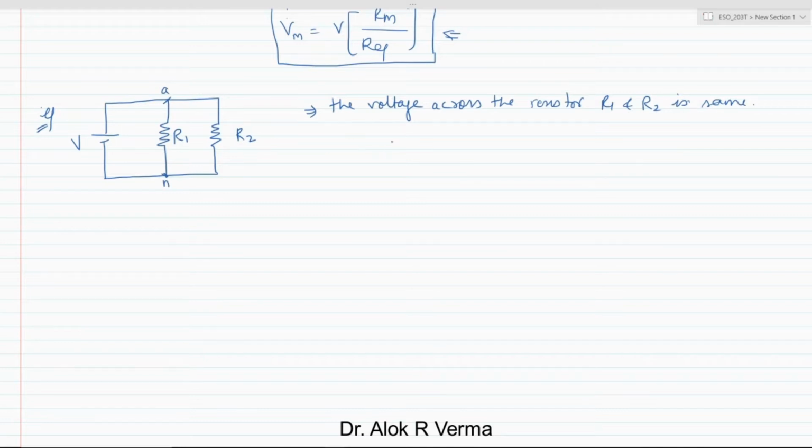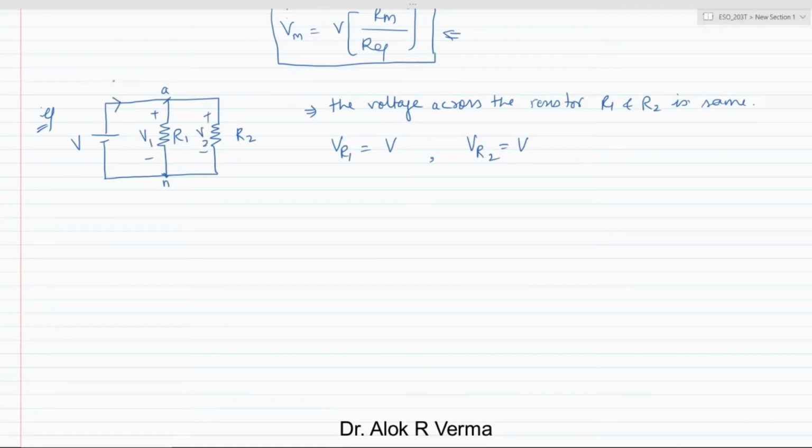What is the voltage across R1 and R2? It is nothing but the voltage V. So V across R1 is V and V across R2 is V. This is plus minus V1 and this is plus minus V2.